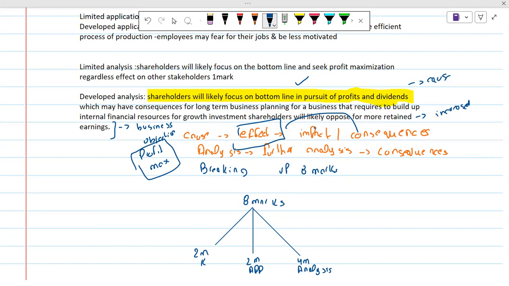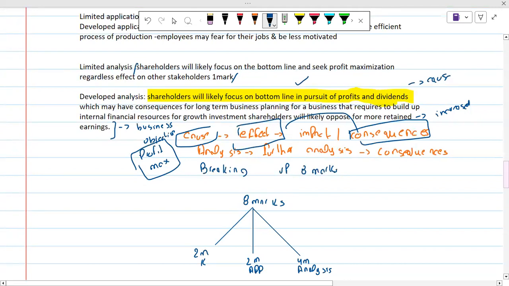So we are writing the consequences or impact, the effect, and the cause. This is a perfect analysis. But here you can see that we did not make any chain between our analysis. The main thing is making the chain. This is the most important thing.